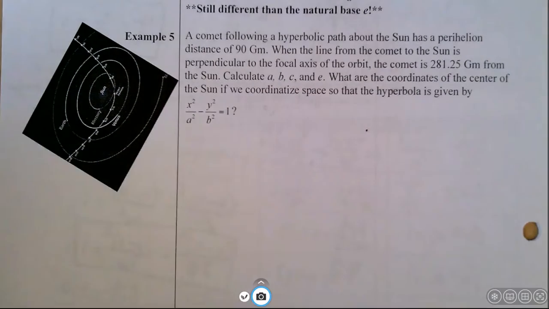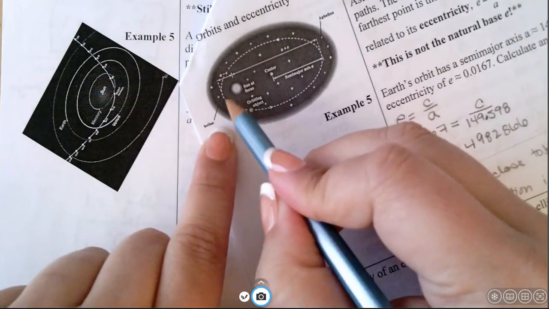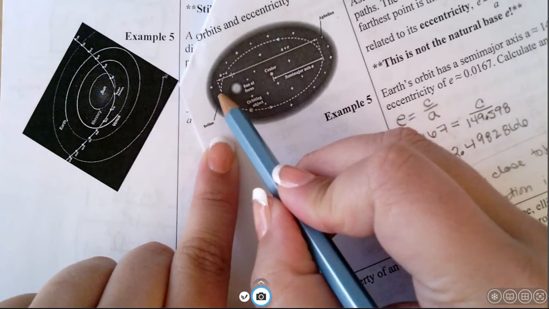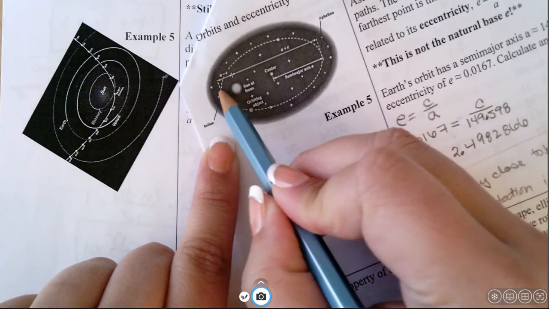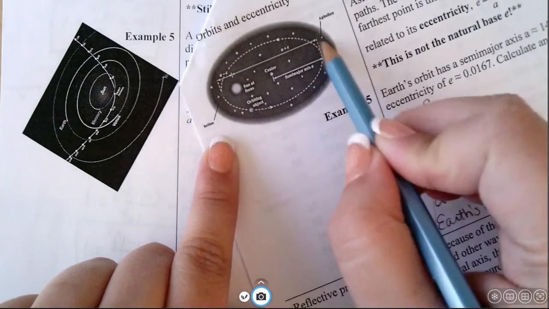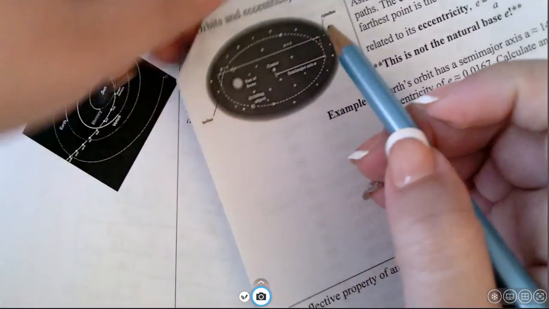Okay, so the first thing we have to do is recall, what does perihelion mean? And I'll show you on the image so that you can remember. Perihelion is the focus or the vertex that is closest to the focus, versus the aphelion was the vertex farthest from the focus that we're asking about.